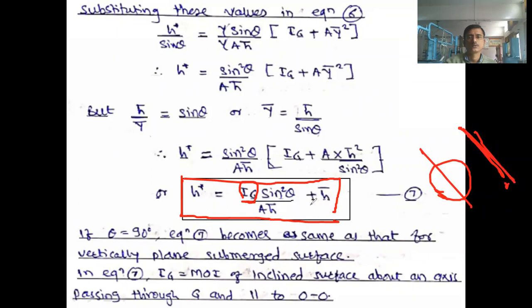And this angle theta is the angle made with the free liquid surface by the inclined surface, right? H bar, H star have the usual meaning with this free liquid surface.